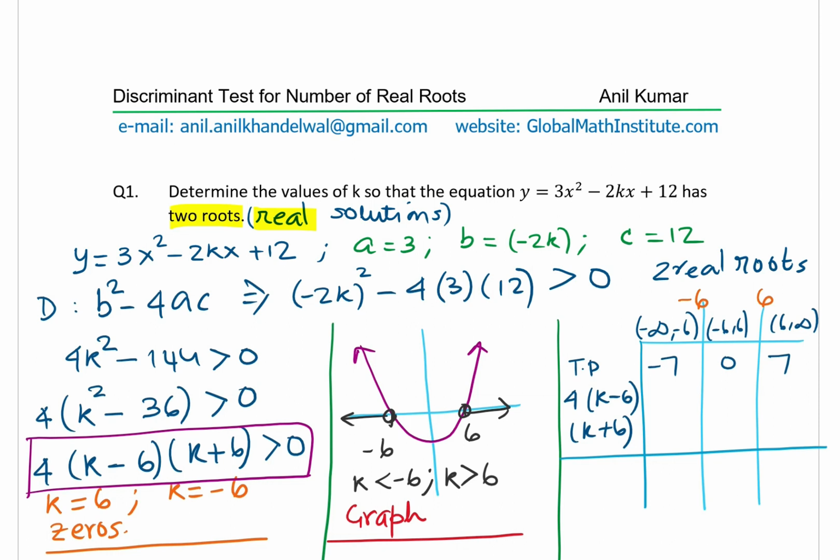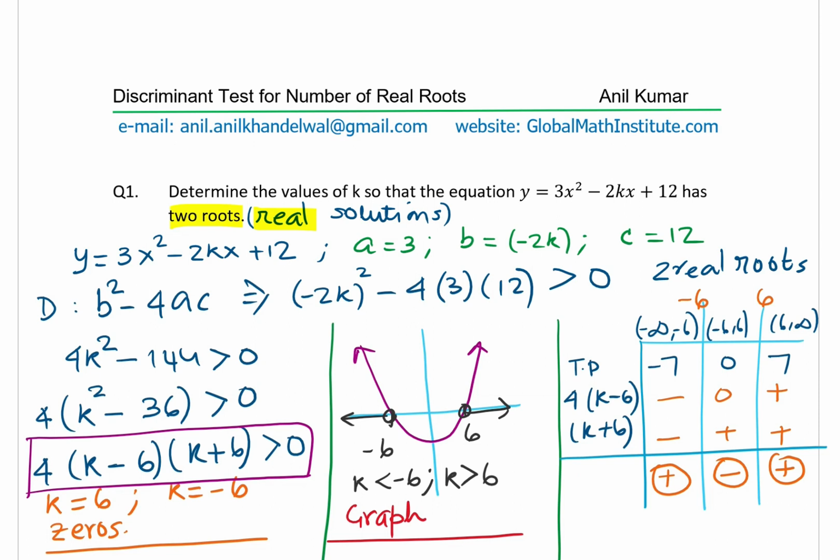In the first case, if I substitute minus 7, I get a negative value for k minus 6, and that will be negative for k plus 6 too. In the second case, this will be negative, but 0 will give me positive. When you multiply these, you get a positive answer here, negative there, and then a positive.